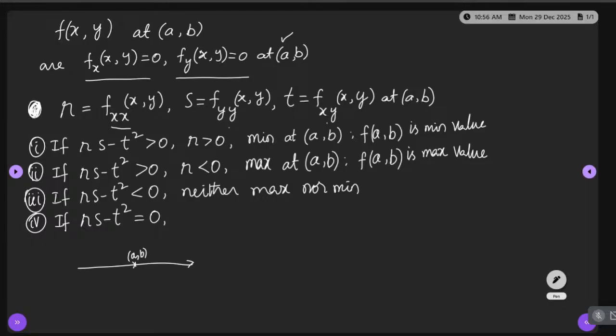AB. In the neighborhood of A, AB, you take A minus H, B in the left neighborhood, and A plus H, B in the right.